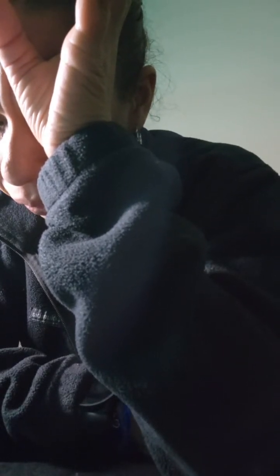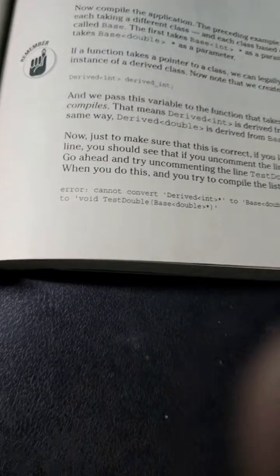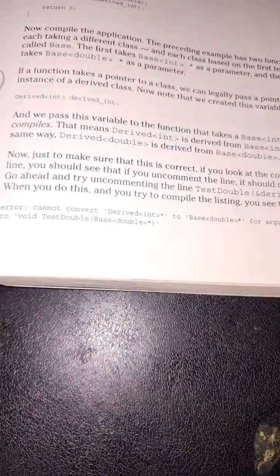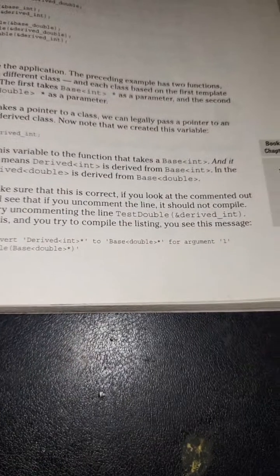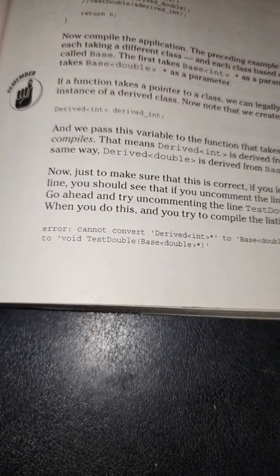When you do this and you try to compile the listing, you see this message. Error, cannot convert derived int to base double for argument 1 to void test double base double star.